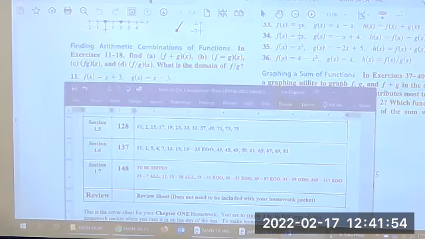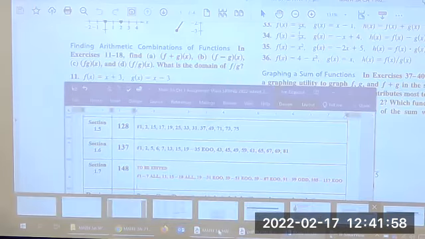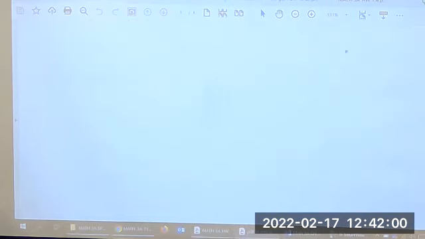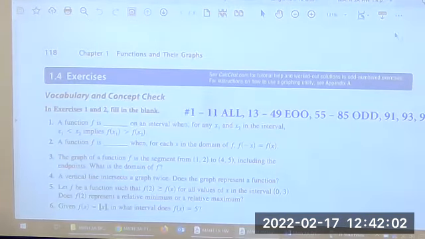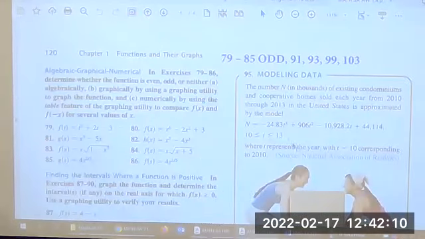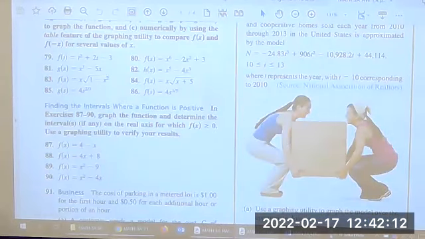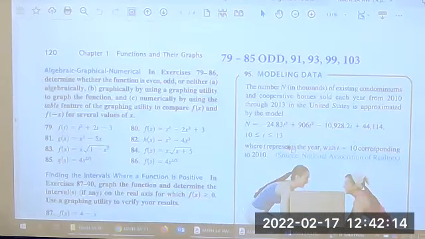So we have 1.4, just I think just bare bones. 1, 2, 3, 4, 5, 6, 7, 8, 9, 10.